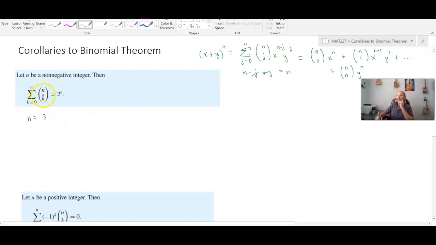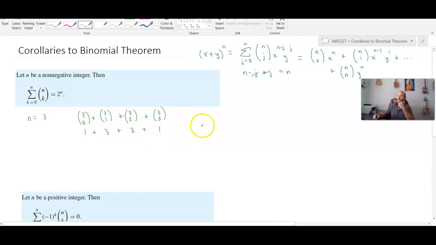In this case, if what we wanted to do was to calculate the sum of all these combinations, 3 choose 0, 3 choose 1, 3 choose 2, and 3 choose 3, then that could be a daunting task because each one of these would need to be expanded. So 3 choose 0 is 1, this one is 3, this one is 3, and this one is 1, which is basically the n equals 3 row.